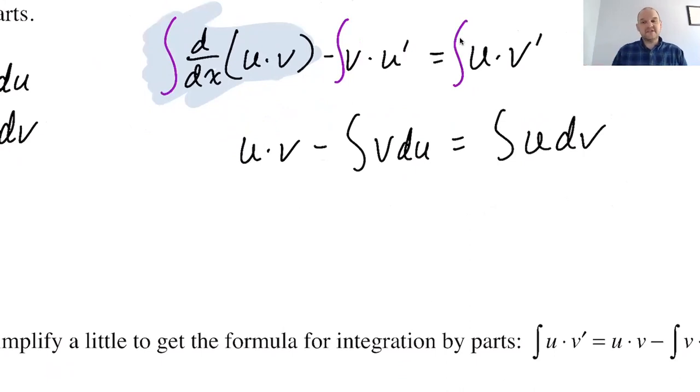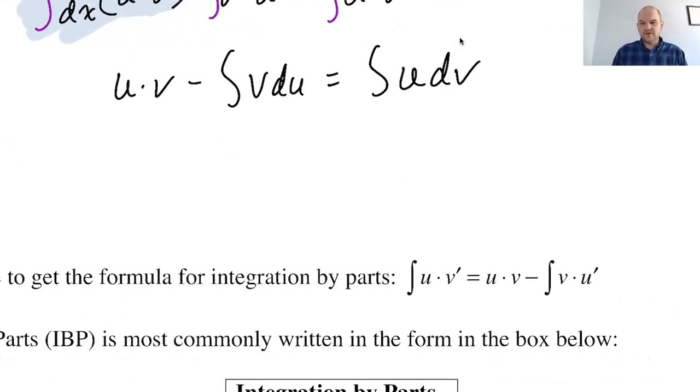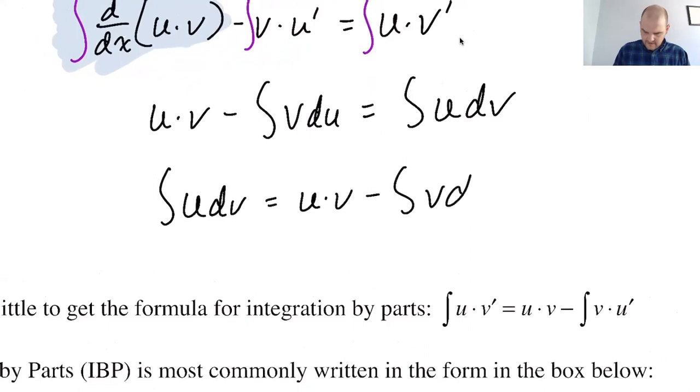It's not obvious that this is helpful at all, but I'm going to rearrange it so that it looks a little more famous. So you rearrange it and you say that the integral of u dv is equal to uv minus the integral of v du.